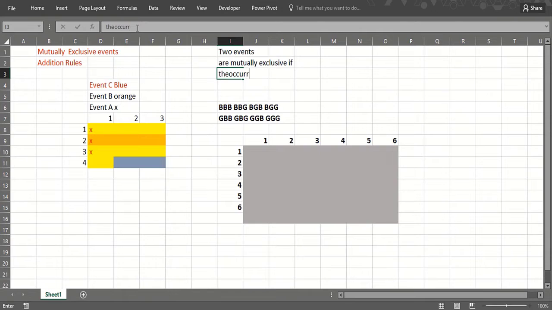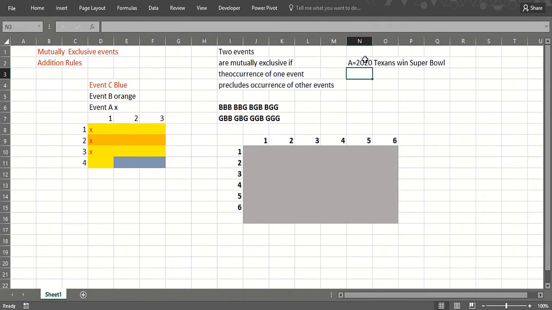The occurrence of one event precludes the occurrence of the other event. So if I look at event A, in a given year, let's say 2020, the Houston Texans win the Super Bowl.